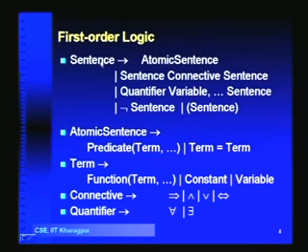So, we can have different kinds of sentences. The first kind is atomic sentence, where we have a predicate. This is a basic form of a sentence, predicate which has a set of terms. The arguments of the predicates are terms, and a term can be a function of other terms recursively, or it can be a constant, or it can be a variable.